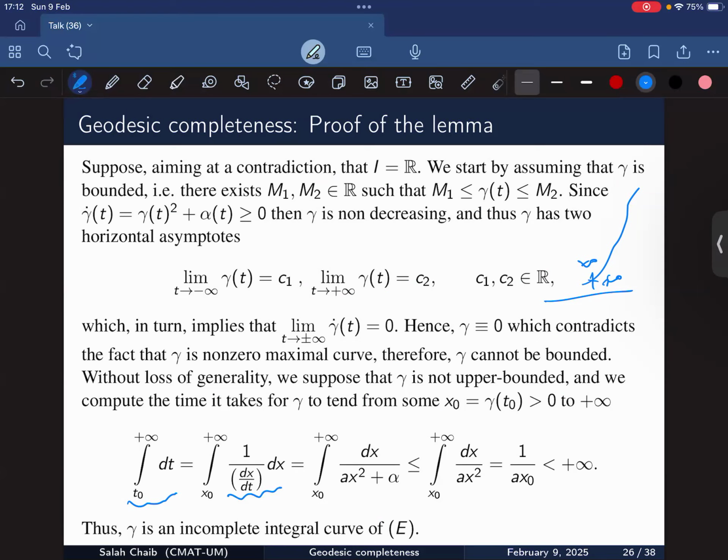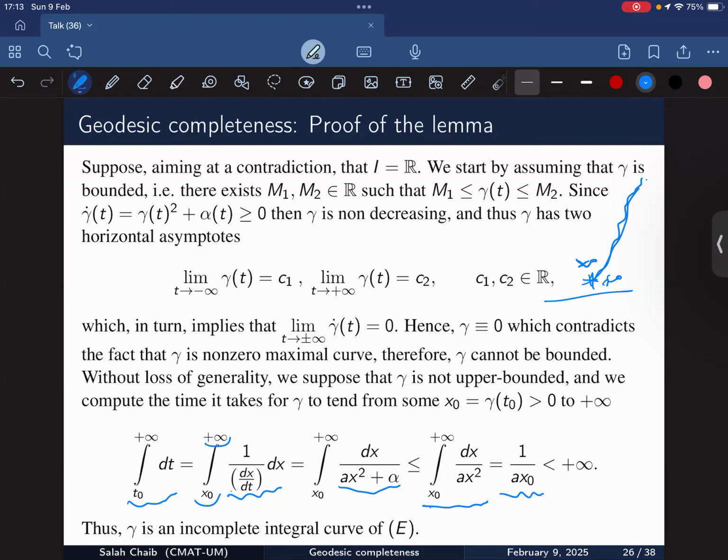So we make the change of variable, and now we integrate from x0 to plus infinity, because here it's at x0 at t0, and we are computing the time until infinity. So replacing dx over dt, which is the x dot, it's ax squared plus alpha. We compare with the ax squared.